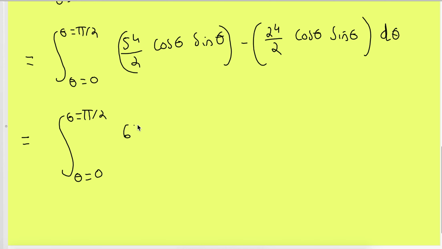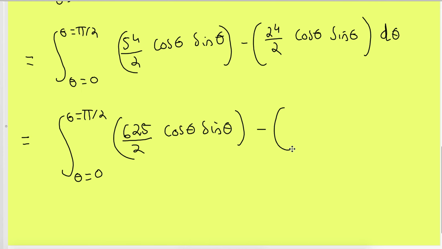We've got 625 over 2 cos theta sine theta. Fair enough. Take away 2 to the power of 4 is 16. So 16 over 2, which is just 8 cos theta sine theta d theta.